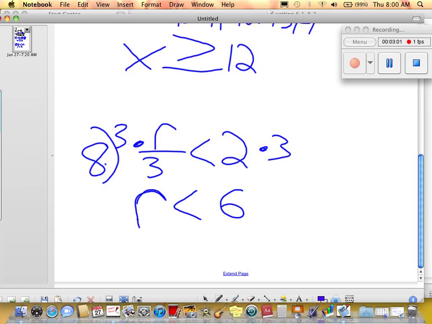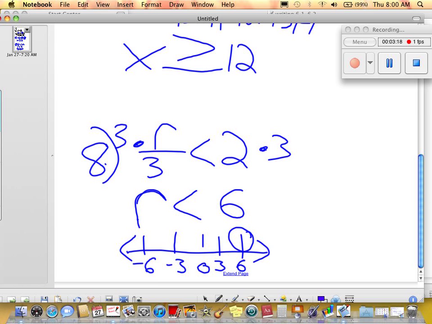No, because I didn't multiply or divide by a negative. So if I were to graph this, it's already done nicely for you. It's got negative 6, negative 3, 0, 3, and 6. So you're going to put an open circle over 6, and r is less than.